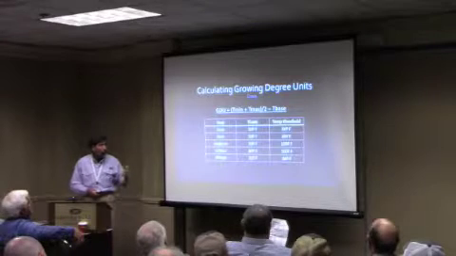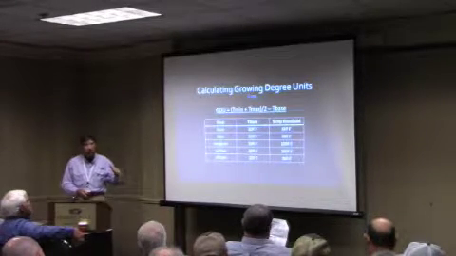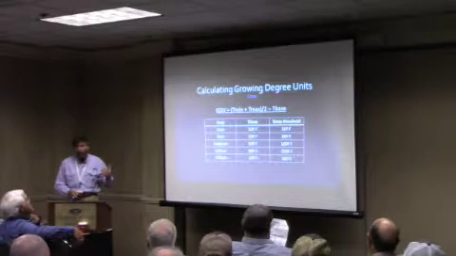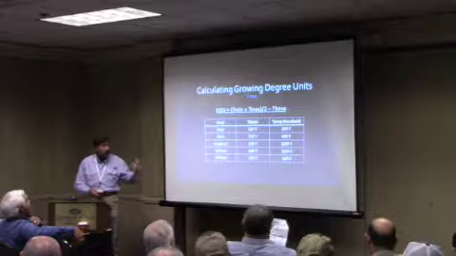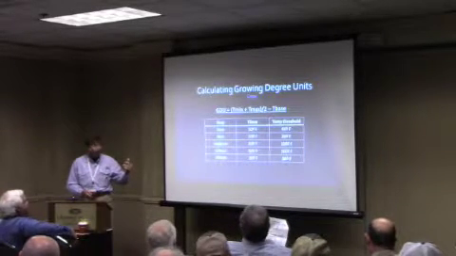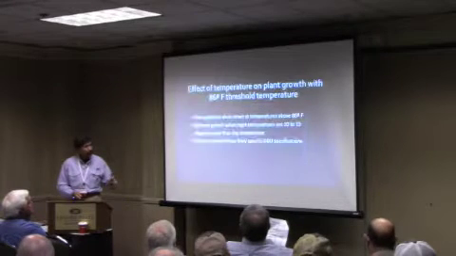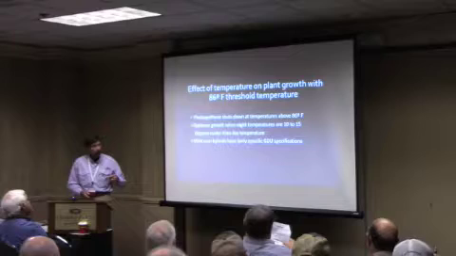With corn, the base temperature is 50 degrees, and the maximum threshold temperature is 86. You see the other crops: rice is very similar, and sorghum has a similar base temperature with a 100 degree threshold temperature, and that'll play a role in some of the growth of the crop.